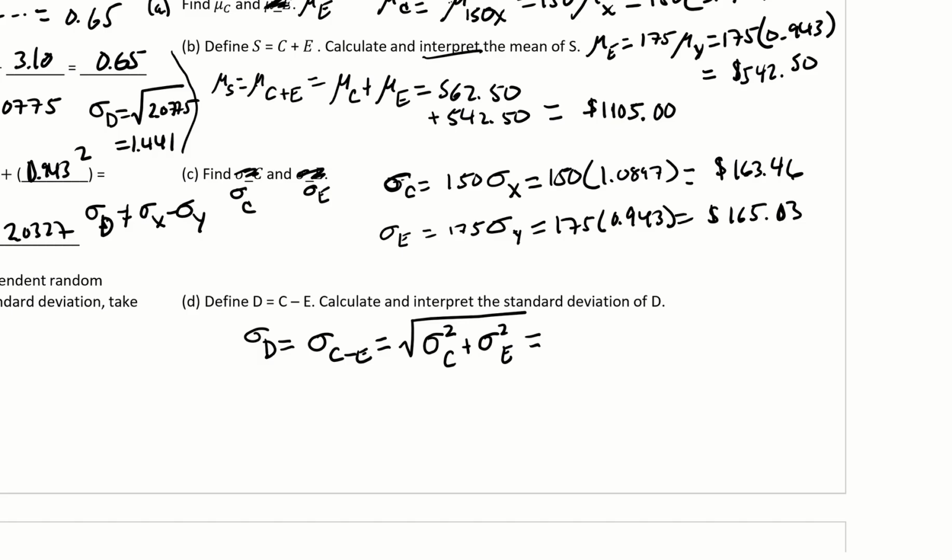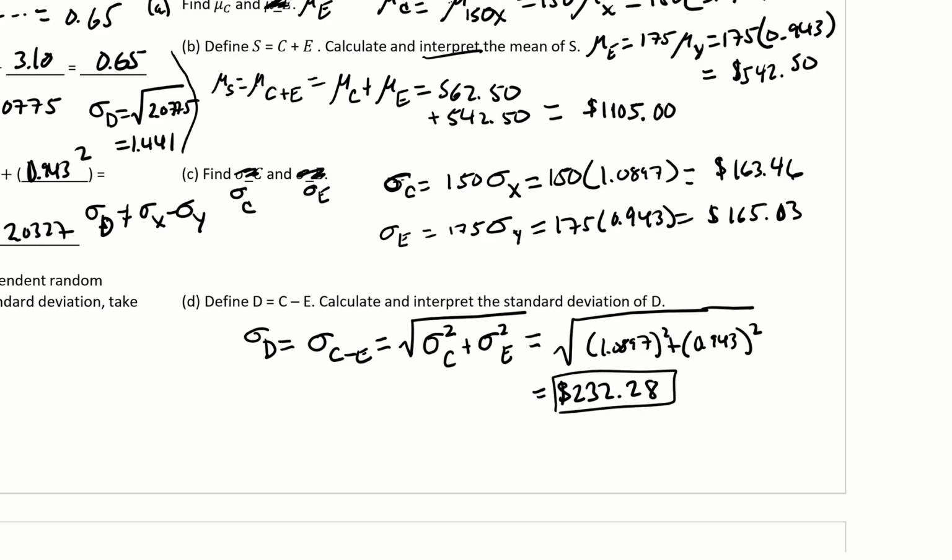So we do the square root of 1.0897 squared plus 0.943 squared. You get $232.28. That's our answer. Hopefully that made sense, with addition, subtraction, the whole thing. A lot going on there.